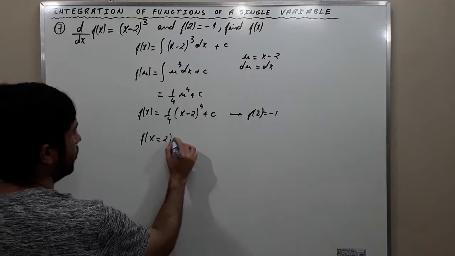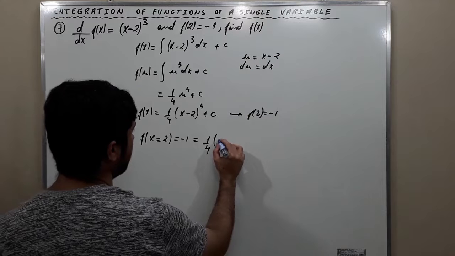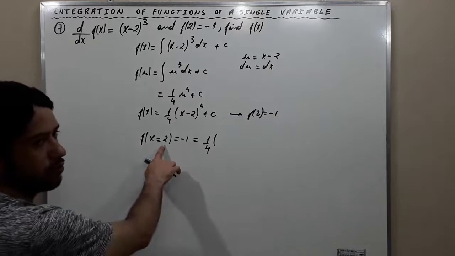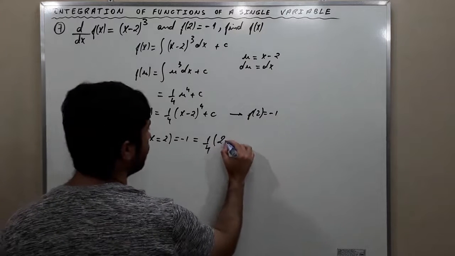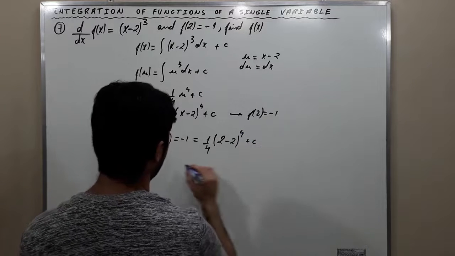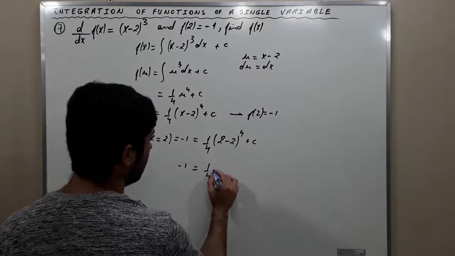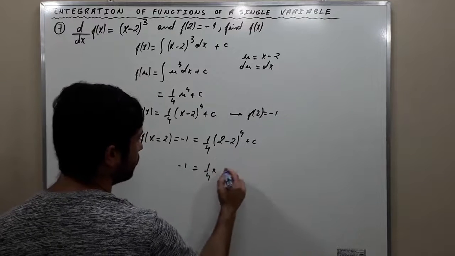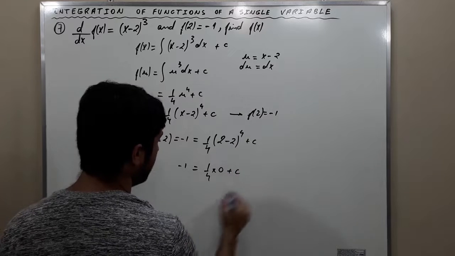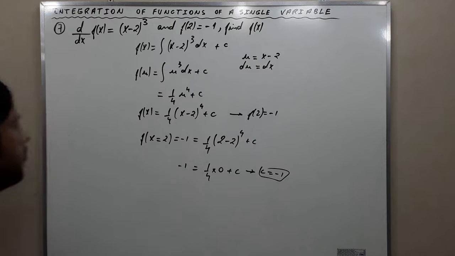And using that f of 2 is equal to negative 1, we find that f of 2 equal to negative 1 is going to be a fourth of 2 minus 2 to the fourth plus c, and negative 1 is equal to a fourth times here 2 minus 2 is 0 plus c, where c is equal to negative 1. Alright?